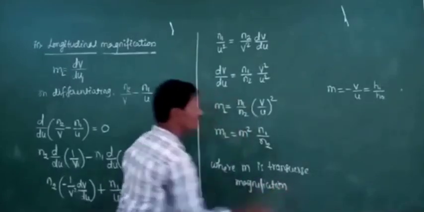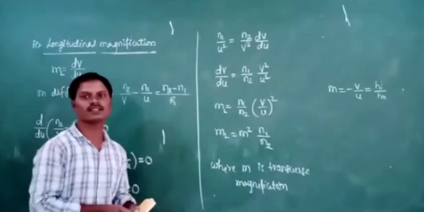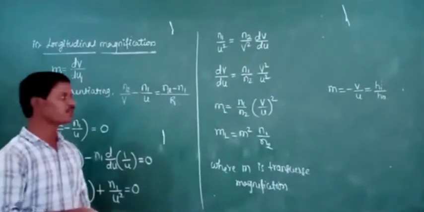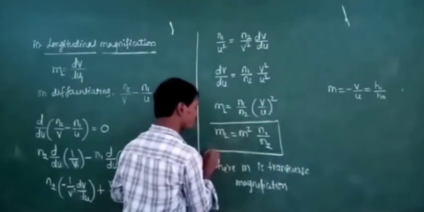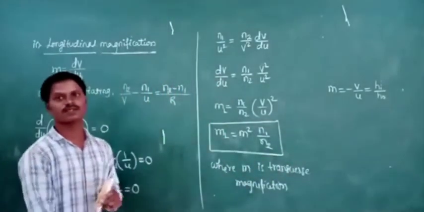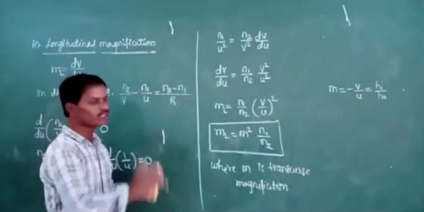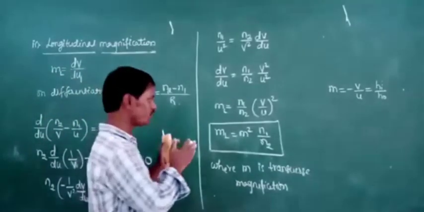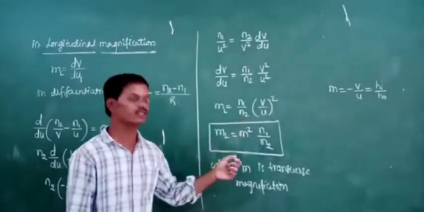These are the magnifications at a spherical refracting surface: transverse magnification and longitudinal magnification. You just have to remember the formulas. Already you know the transverse magnification formula and the longitudinal magnification formula. By using these we are going to solve some numerical questions. That is why we derived these two formulas. Here the derivation is not important; the end formula is important.